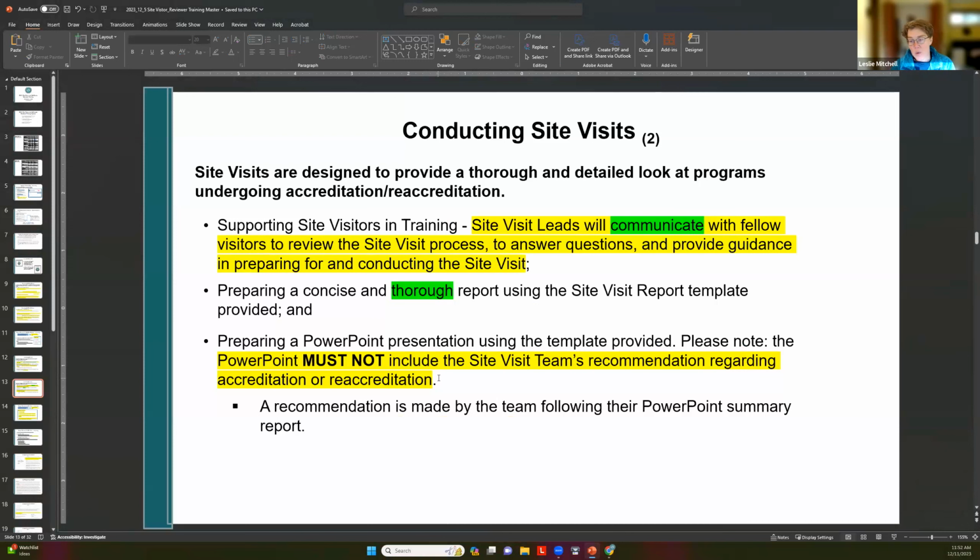Prepare a concise and thorough report using a template and a PowerPoint. The site visit lead will prepare the PowerPoint as well for the annual meeting. And again, please remember that it must not include the site visit team's recommendation. That's to be revealed at the meeting itself.